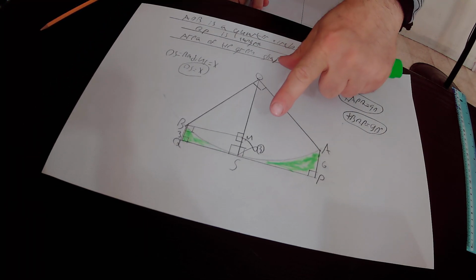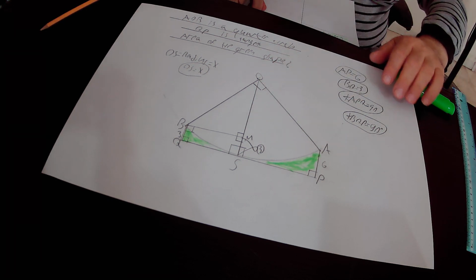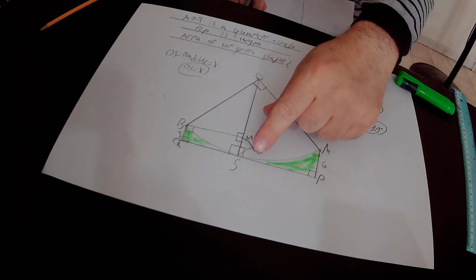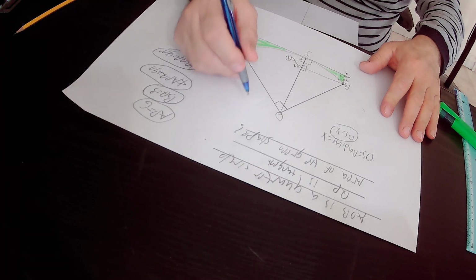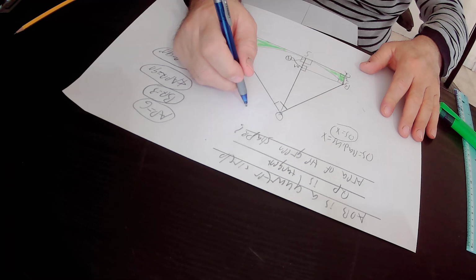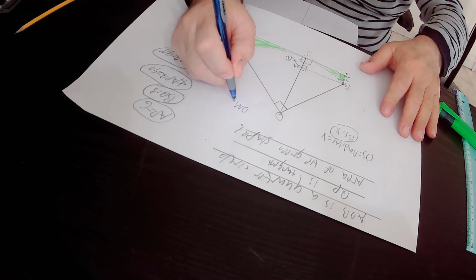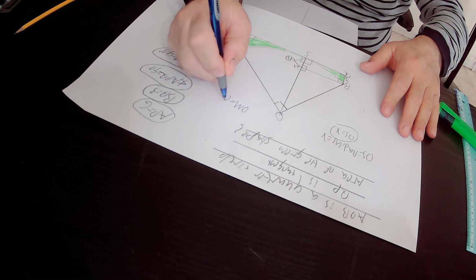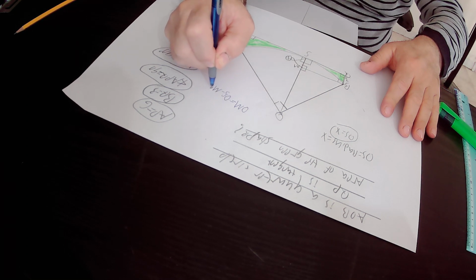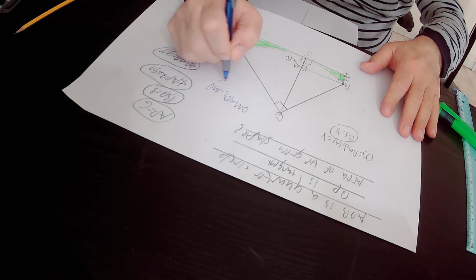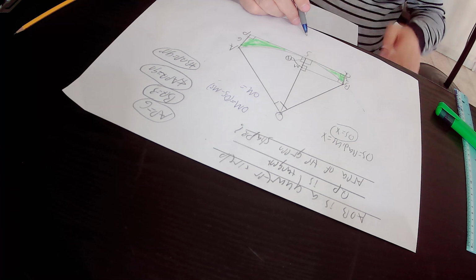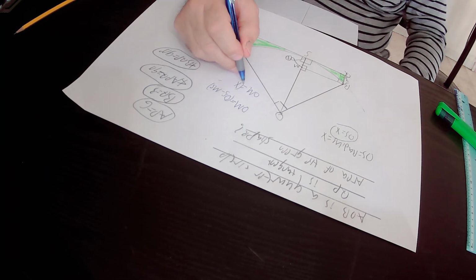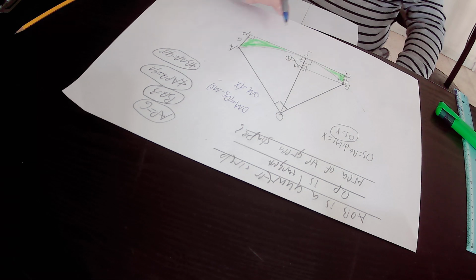What is the length of line segment OM? From the drawing it is very easy to see that OM equals OS minus MS. So I write it down. OM equals OS minus MS. OS is the radius of the quarter circle that is equal to X according to our definition, minus MS. MS equals 3.